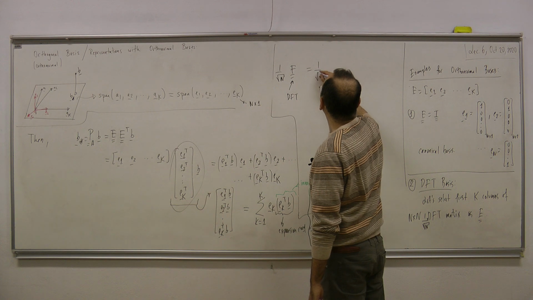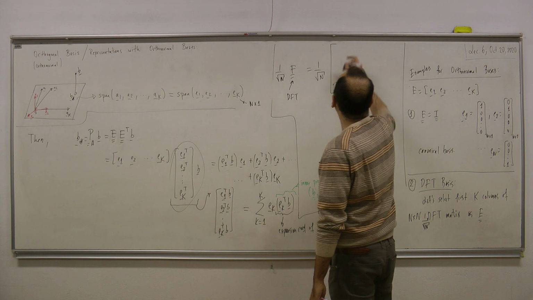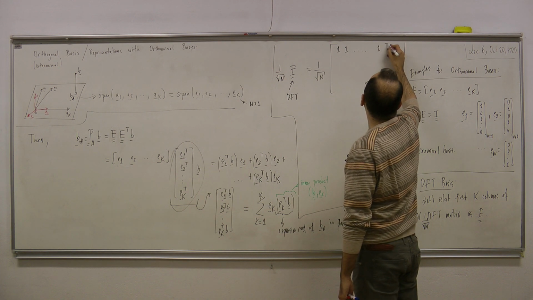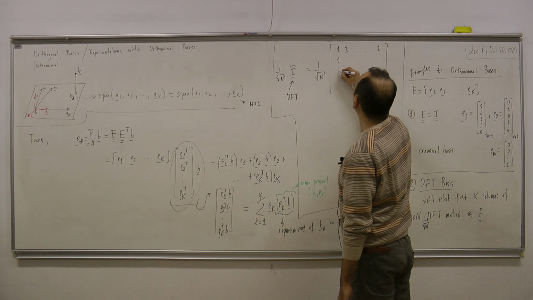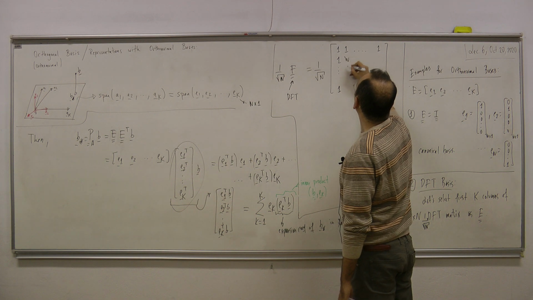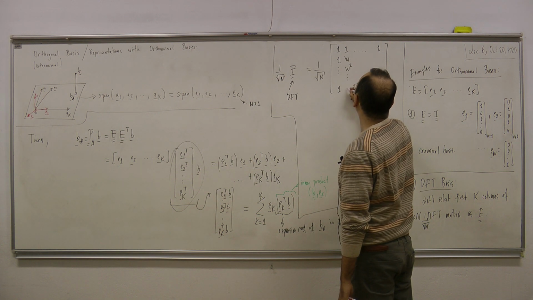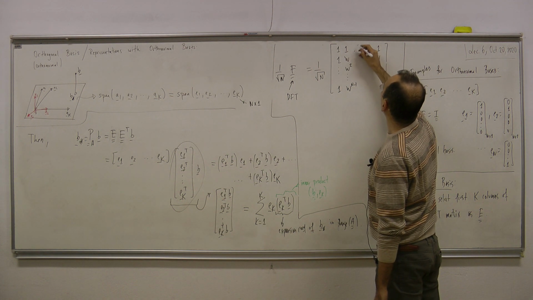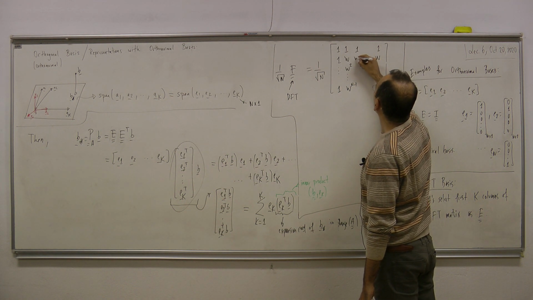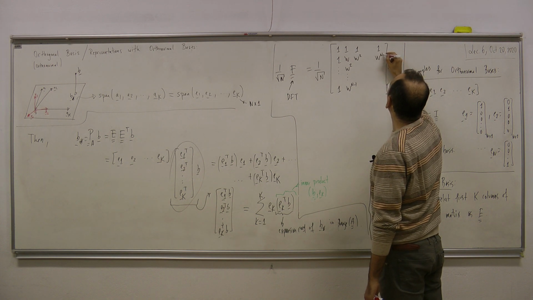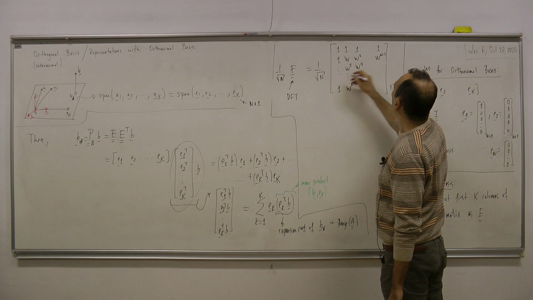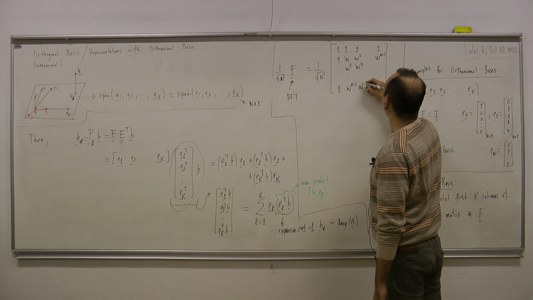So this is 1 over square root of n, and I have 1's over here, 1 over here, w squared, w to the n minus 1, and w to the 4.